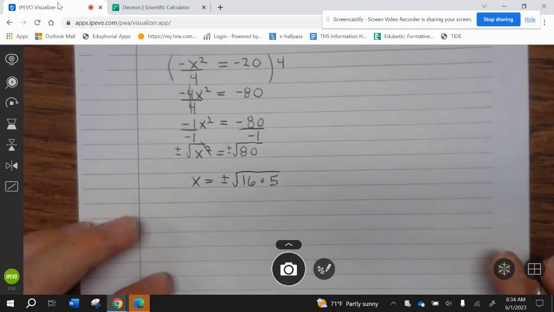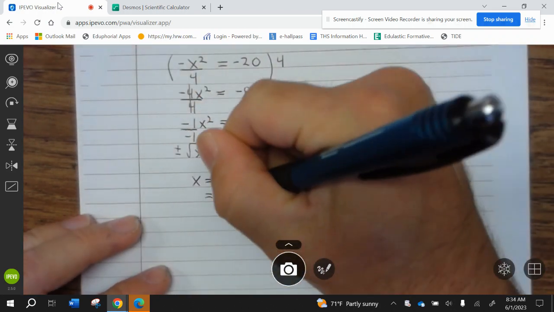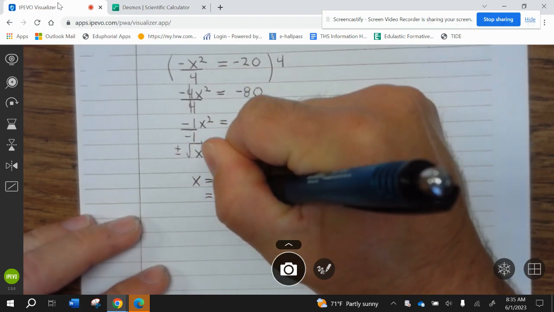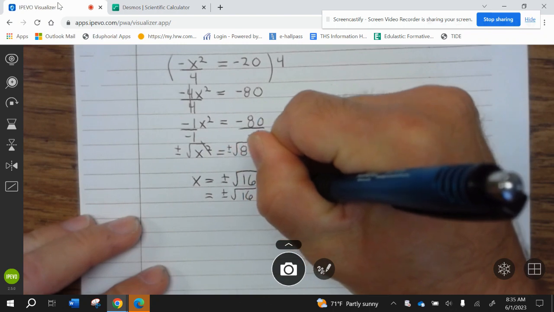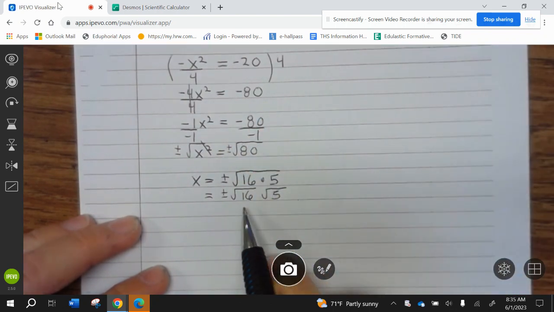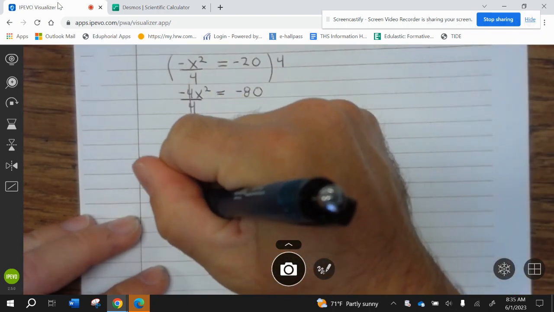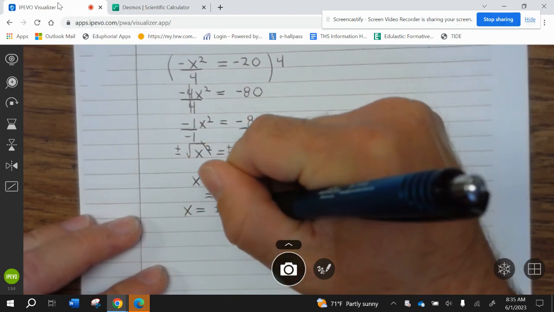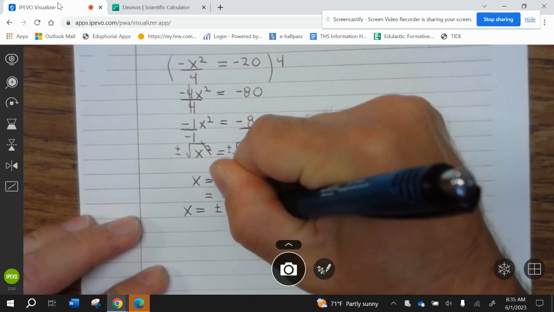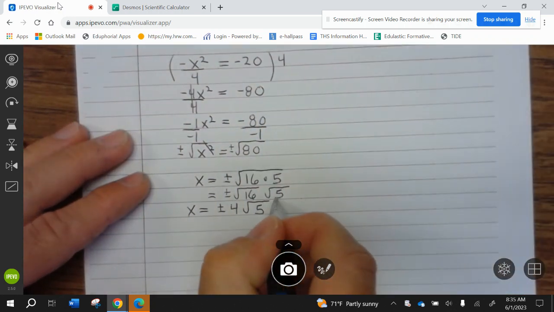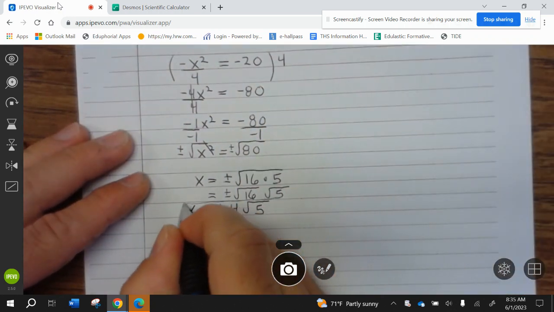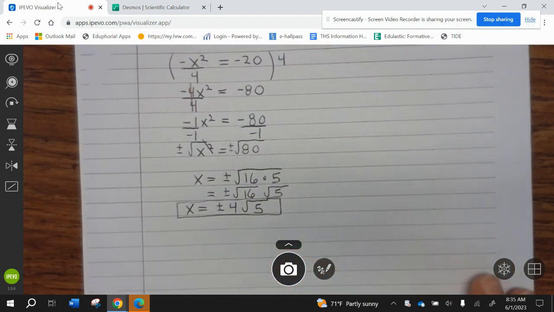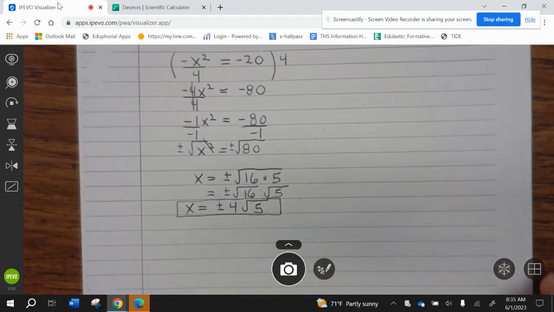Now we can take the square root separately, so that's equal to plus or minus the square root of 16 times the square root of 5. Well, the square root of 16 is 4, so x equals plus or minus 4 square roots of 5. And we could write it separately, but we can actually just write it like that. All right, go ahead and finish up example 5.